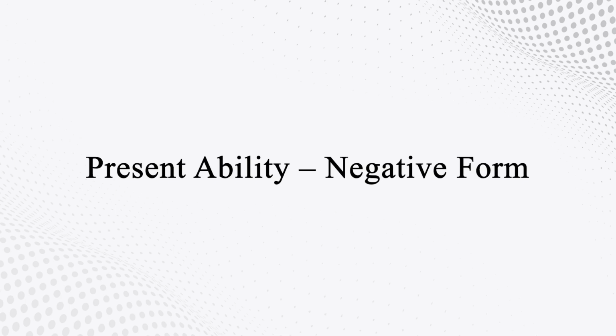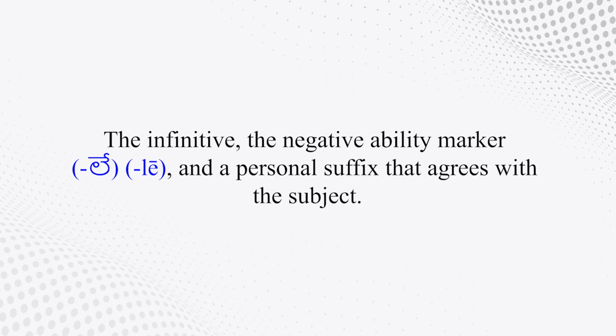Next one, present ability negative form. Present inability, expressing that someone cannot do something right now, is formed using a specific grammatical structure. This structure consists of three main parts: the infinitive, the negative ability marker lay, and a personal suffix that agrees with the subject.